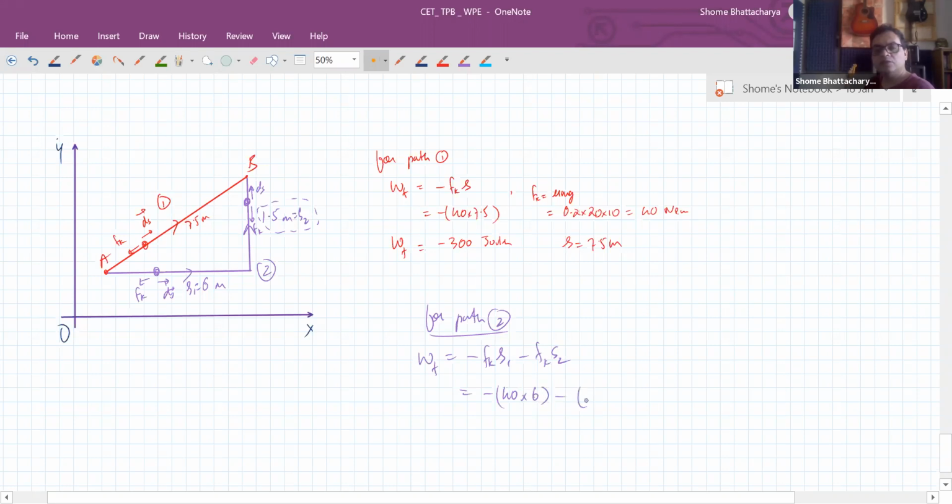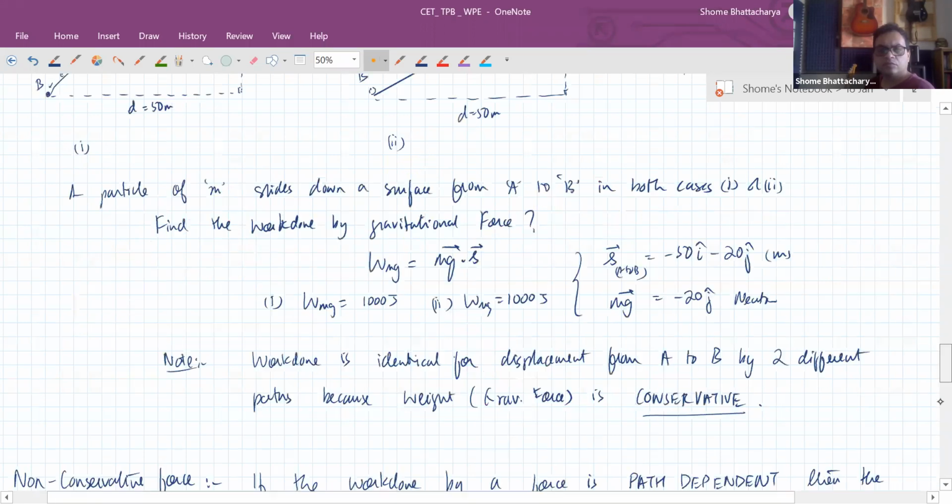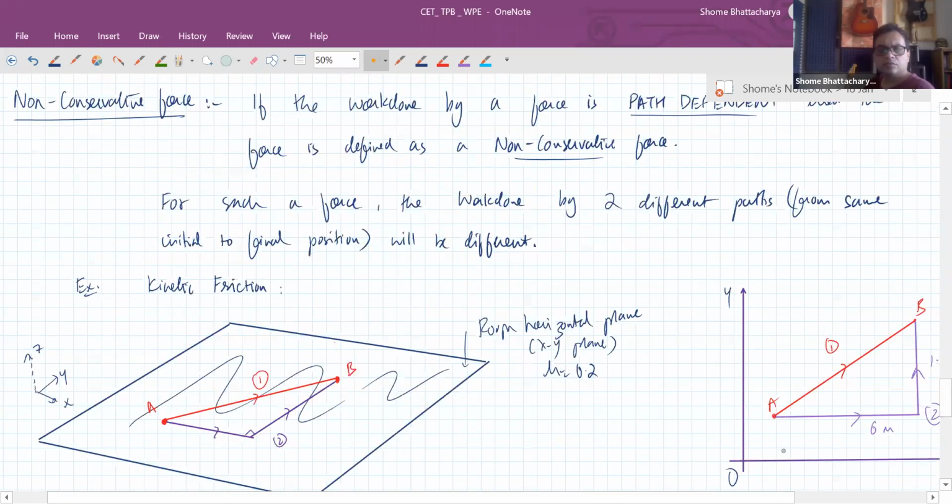And then again minus of 40 newtons into 1.5. Sorry, this was not 1.5, this was 4.5. Let's make a correction here.